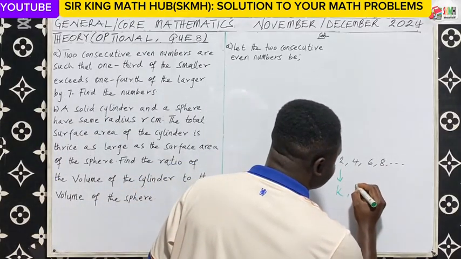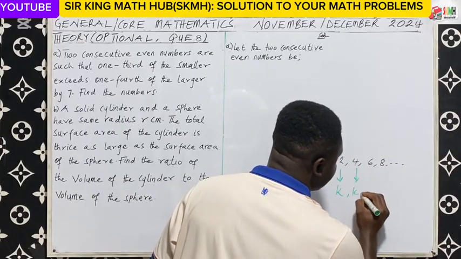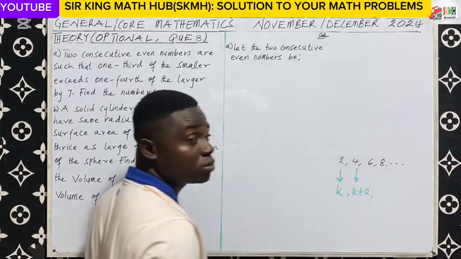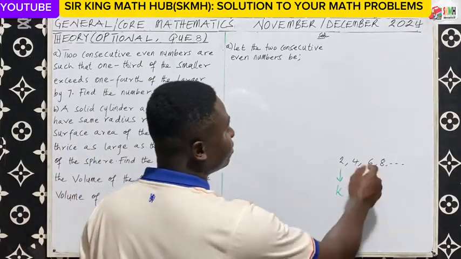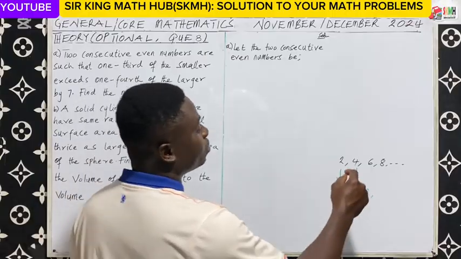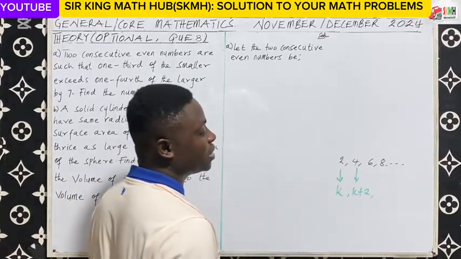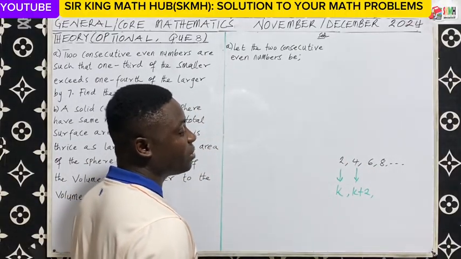So that should give us k plus 2. Again, from the second consecutive even number to the third, what do we do? We need to add 2 to the second one.